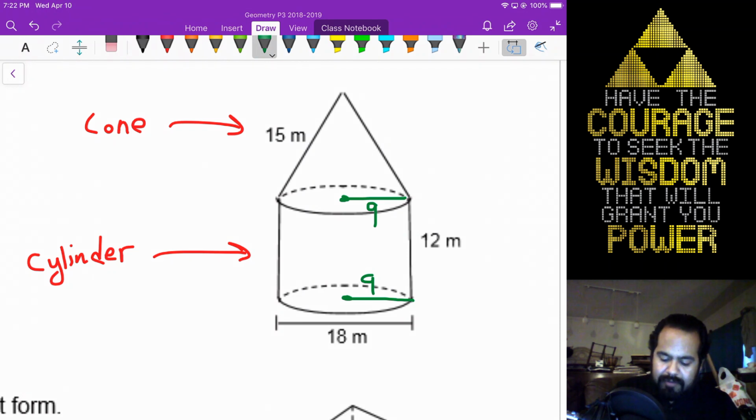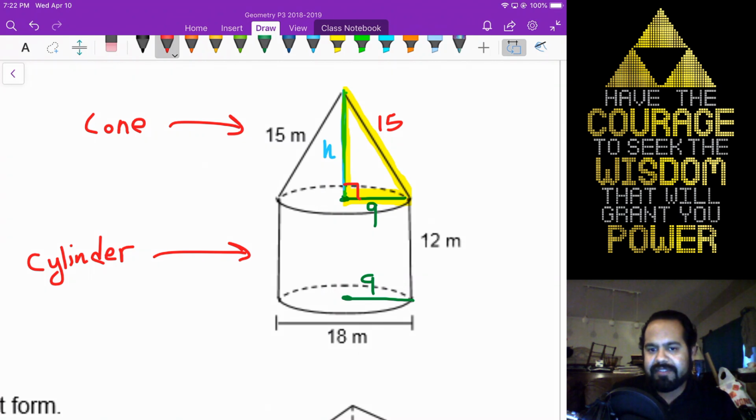Now for our cone, the height has to come straight up from the base, which I don't have. That's my height I need. However, we do have that slant height, and the story goes that when there's a right triangle with a missing side, we can do the Pythagorean theorem.